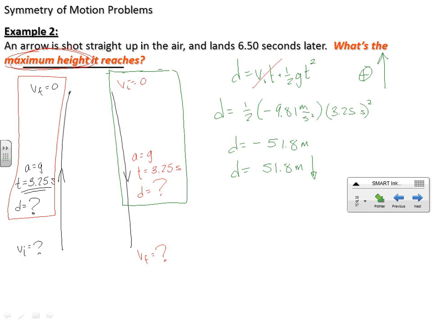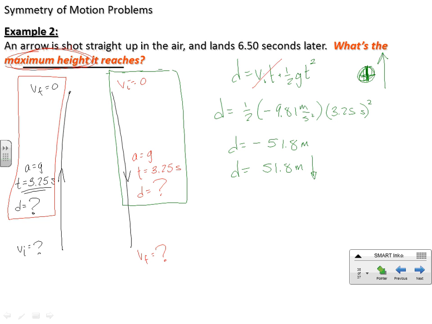If upward is positive, then negative means downward. Of course, we're going from the top to the bottom, because this is the method we chose to analyze this. Yeah, it went 51.8 meters downward.